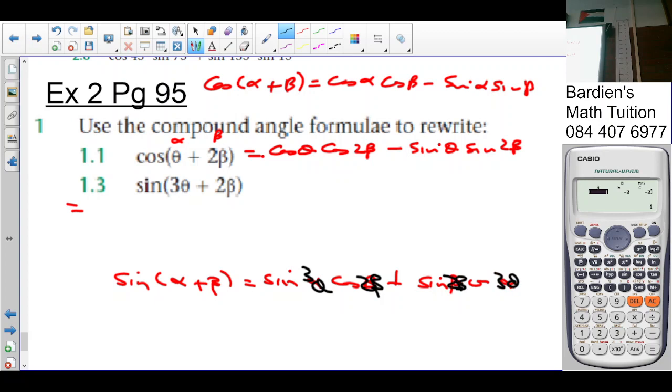Can you see that, people? It's going to be sine 3 theta cos 2 beta plus sine 2 beta cos 3 theta.